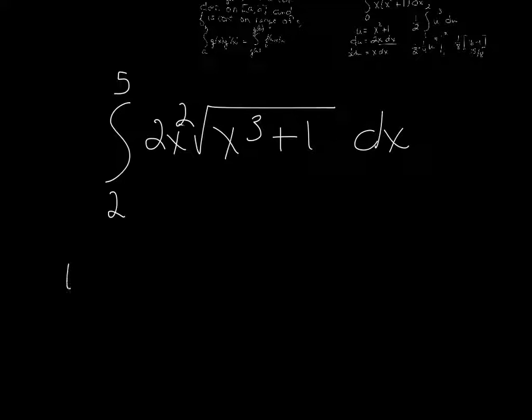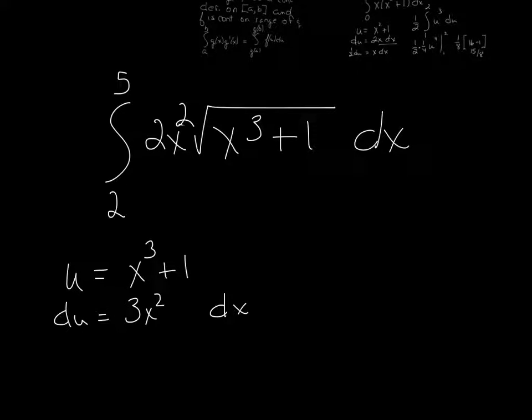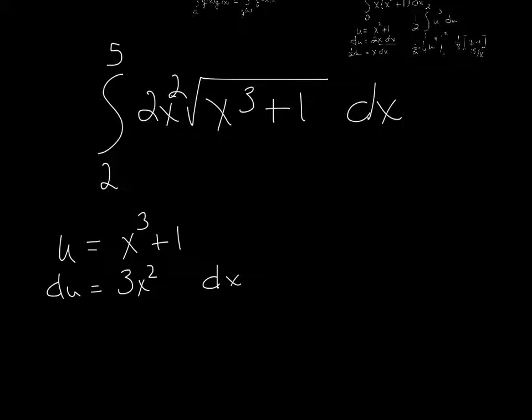All right, so what's u? x cubed plus 1. And du? 3x squared dx. Do I have 3x squared? Wait, it's not plus 1. Thank you. Just checking to see if y'all paid attention. All right. Do I have all of that?